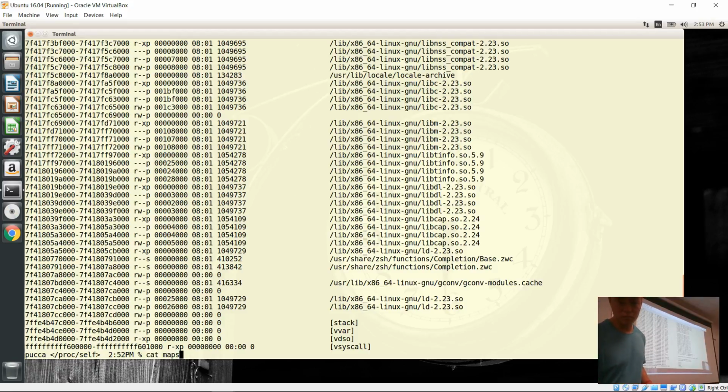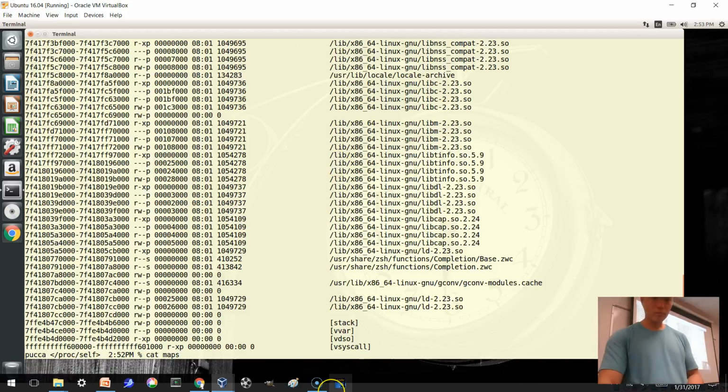So are those physical addresses? These are virtual addresses for this process. And so they would get translated by the CPU and the operating system to a real address in hardware. And that's how you get that abstraction.